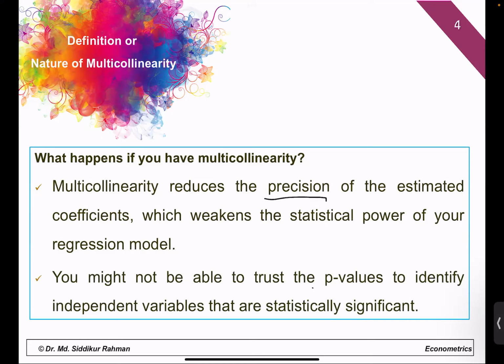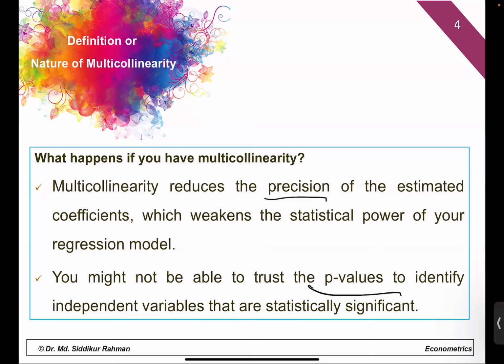That means the p-value you are going to get might be misleading, or although the p-value is showing you these particular variables are significant, literally they are not significant. So you might face misleading p-values, right? These are some of the problems you might face.